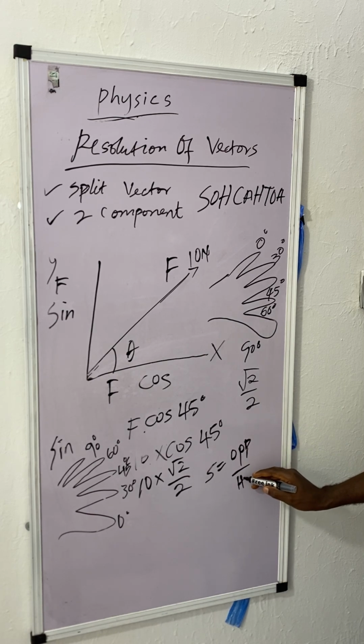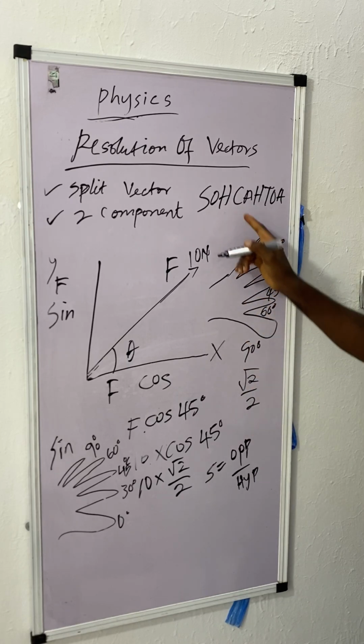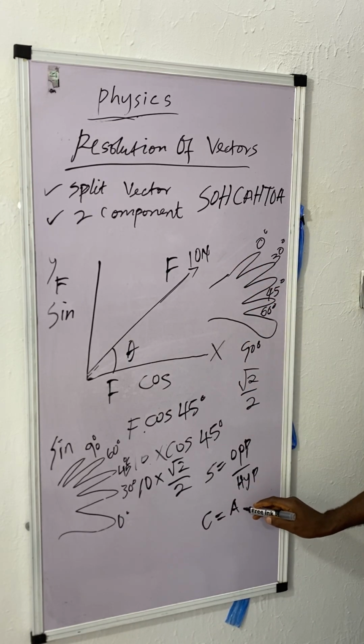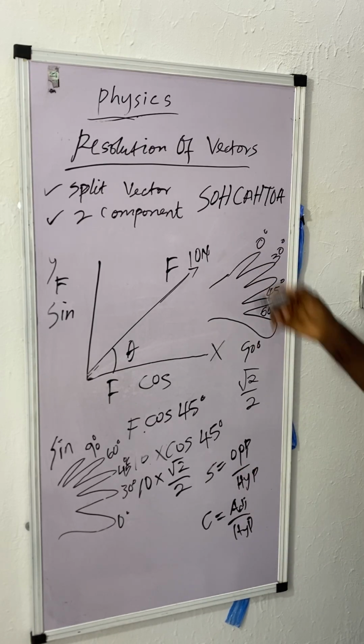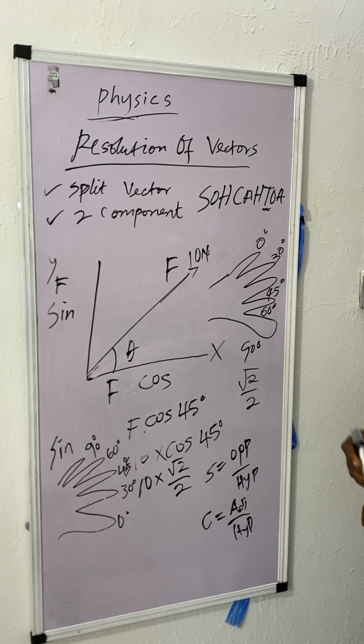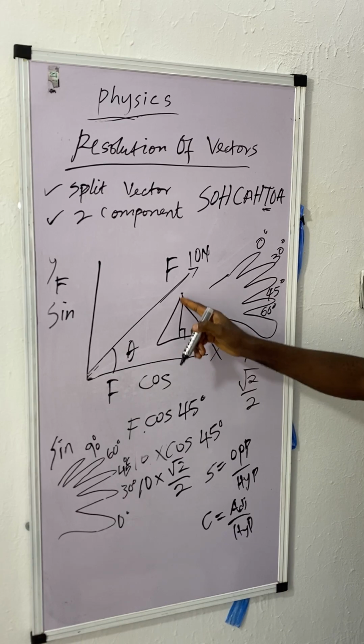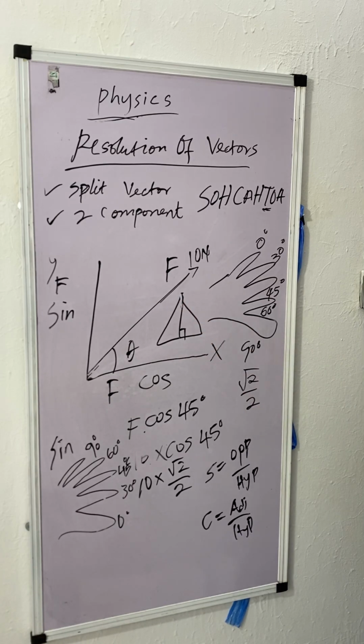Then we have cos, which equals adjacent over hypotenuse. It's very easy. Then this one is for tan, opposite over adjacent. Once you just draw your angle, all this is basic. You can easily determine it, or you cut it in half from one side.